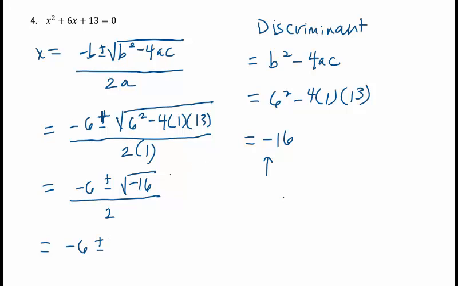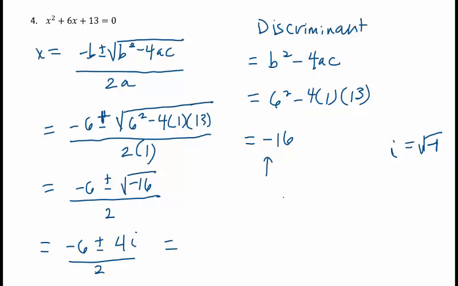Here's where we need to use our properties of non-real or complex numbers. And that tells us that the square root of negative 1 is actually i. So I can rewrite the square root of negative 16 as just 4i, divided by 2.